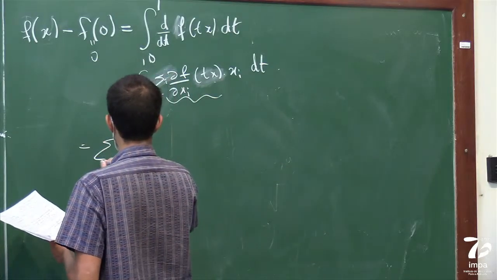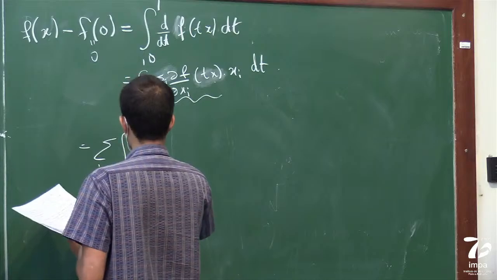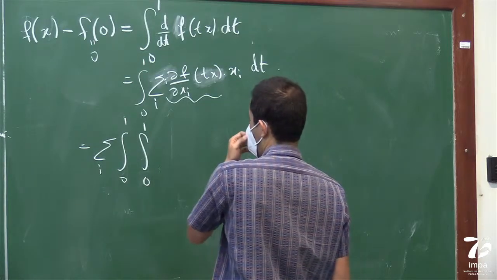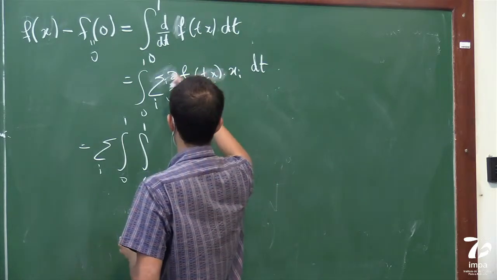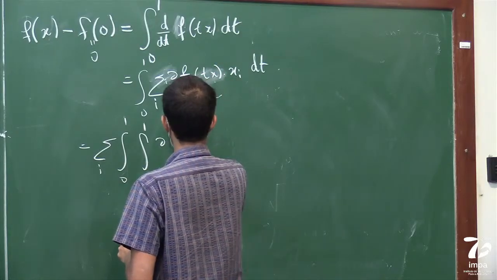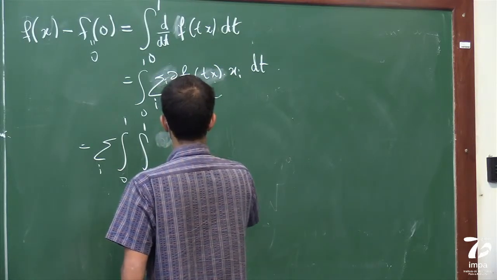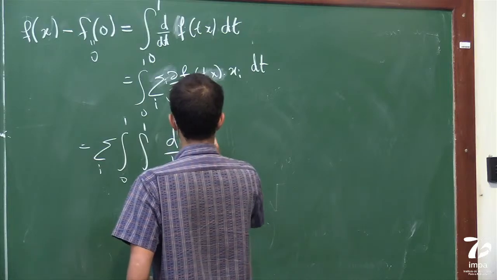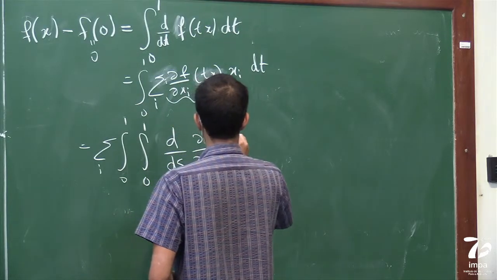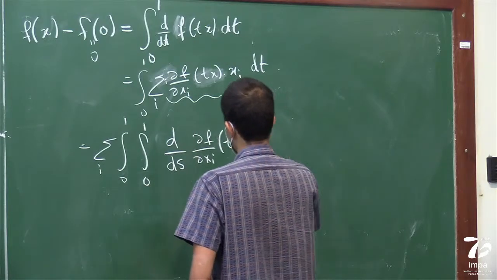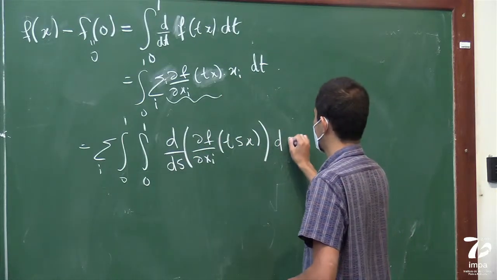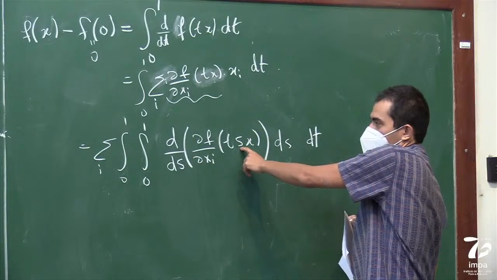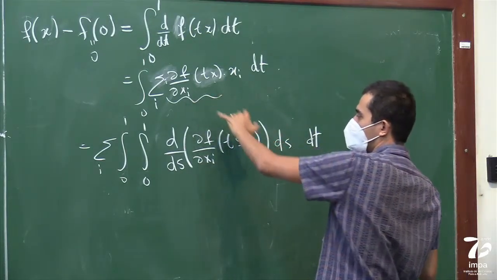So this is going to be the sum over i of the integral from 0 to 1 of d/ds of df/dxi of tsx ds dt. Okay? Because this guy, I'm varying the parameter s from 0 to 1, and at 1 I have this, and at 0 I have 0.